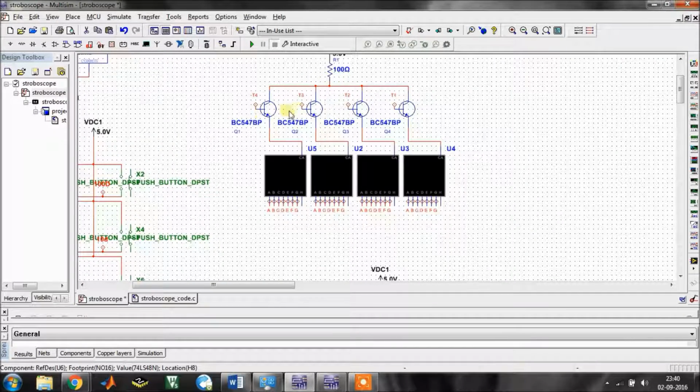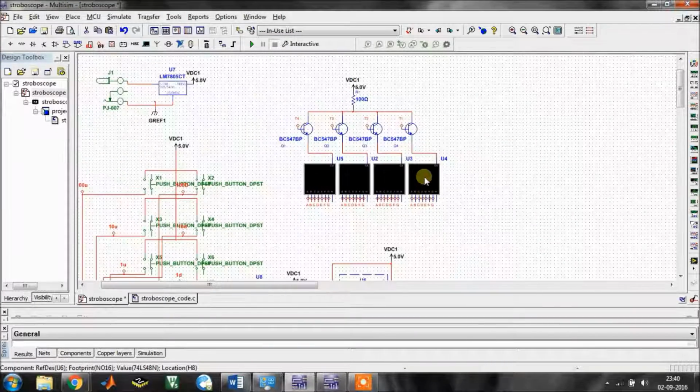These transistors here control or activate the 7-segment display whenever it is needed. Whenever this 7-segment display is activated, we send data to the decoder pertaining to this digit, and then whenever we switch on this transistor, this one is enabled, and we send information pertaining to that digit to the decoder.